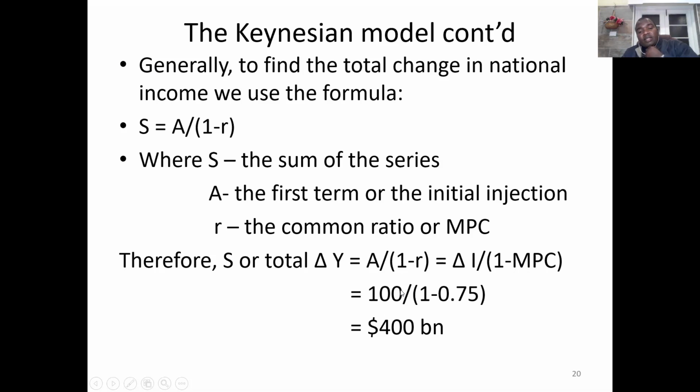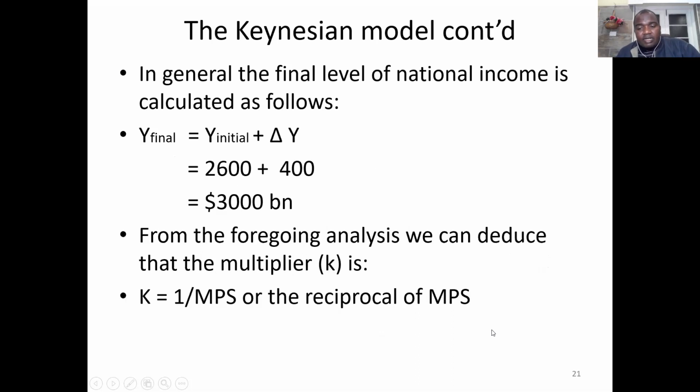So in the final analysis, we've got 100 divided by 1/4, which gives us 400 billion, where 1/4 is obtained from 1 minus 0.75. So an initial change in an injection, investment, of 100 billion yields a change in national income of 400 billion, meaning there is a multiplied rise in national income.